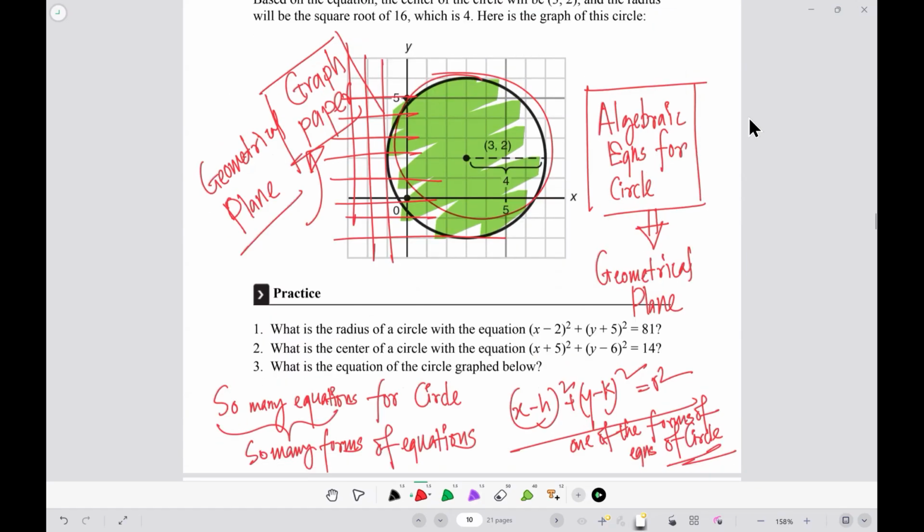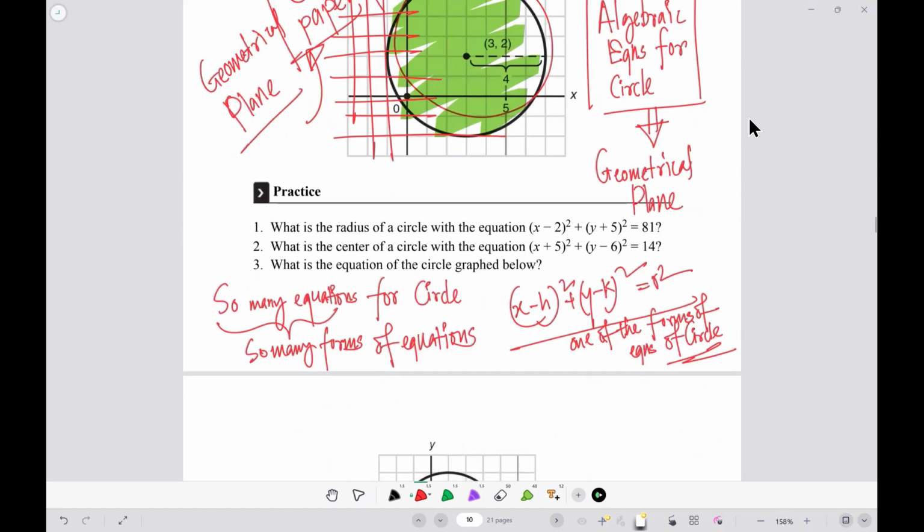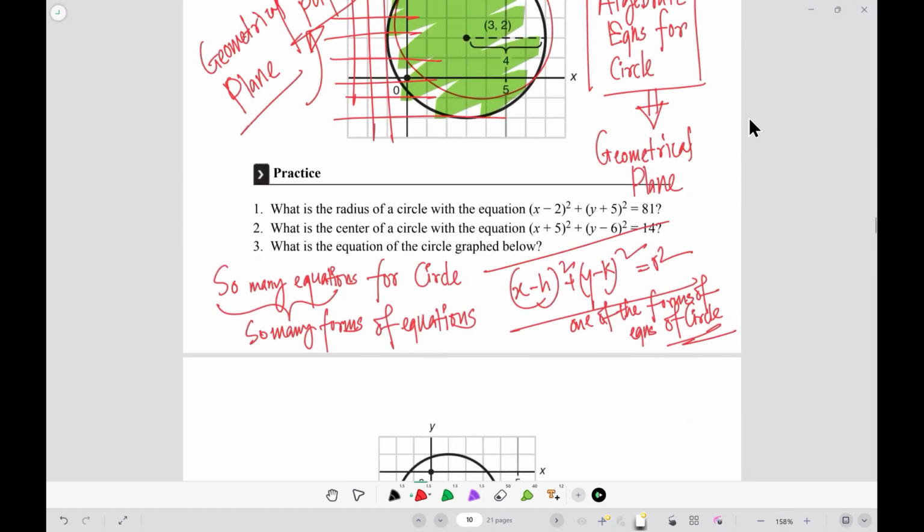Yeah, kind of. So what is basically a form of an equation? What is a form of an equation? The HK one. The HK one is not a form of equation.